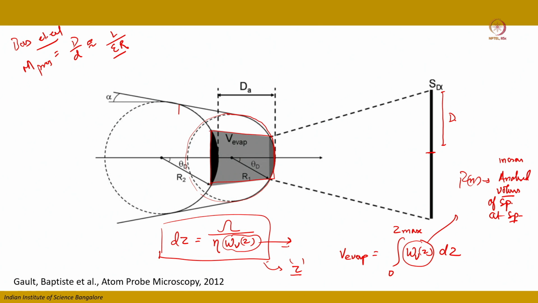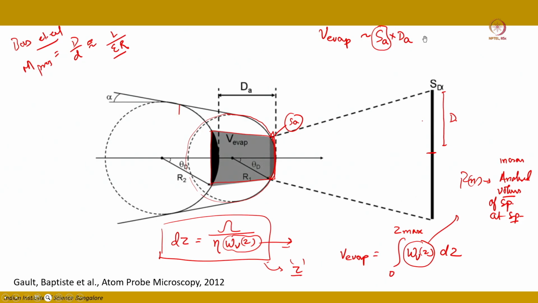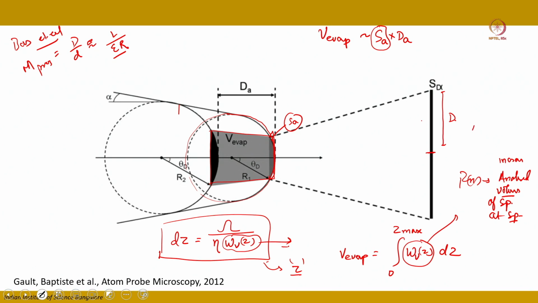Okay, and the field evaporation takes place for a volume. Correct, and this evaporation volume V app can be written as SA into dA. Here SA is the analyzed area, the analyzed 2-dimensional area, and dA is the analyzed depth, which schematically is written as dA.